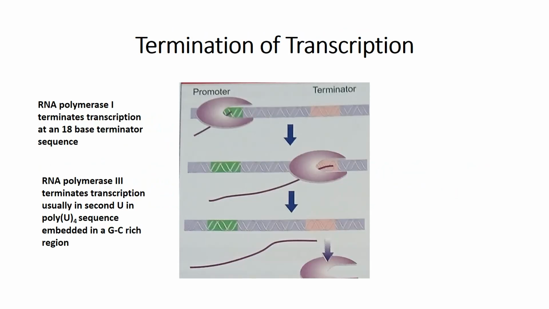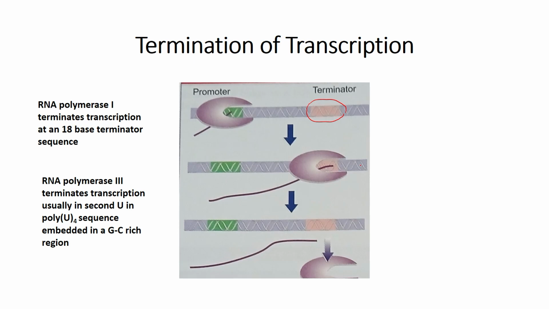And then comes the termination. Termination of transcription is different for different genes. RNA polymerase 1 terminates transcription at an 18 base terminator sequence. There is a sequence called terminator sequence.